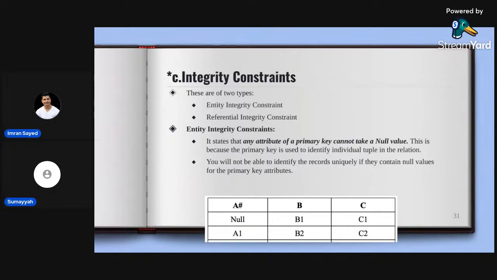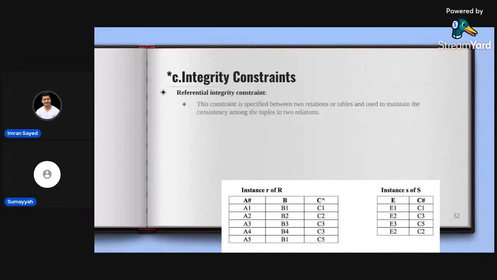Okay. It states that any attribute of a primary key cannot take a null value. This is because the primary key is used to identify individual tuples in a relation. You will not be able to identify the records uniquely if they contain null values for the primary key attributes. Then the referential integrity constraint.